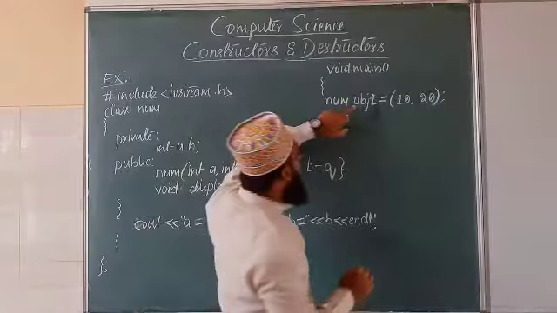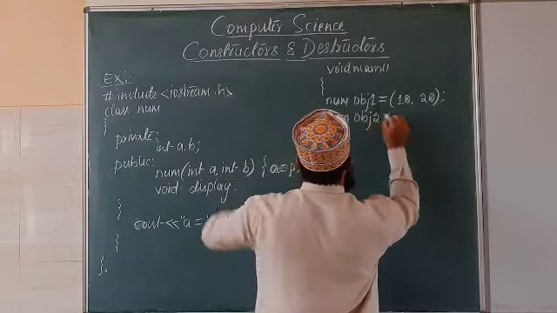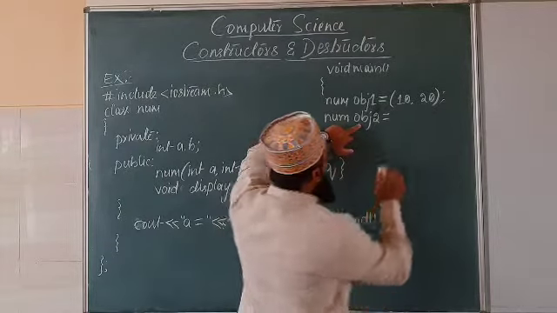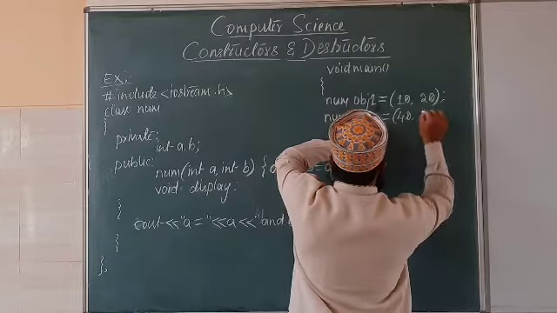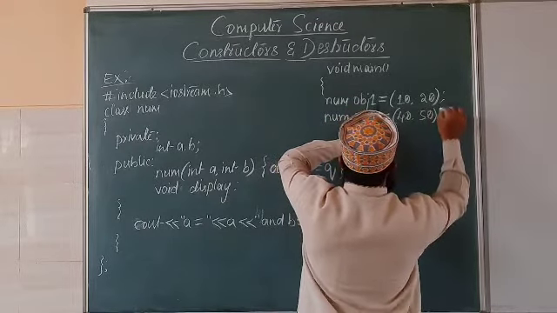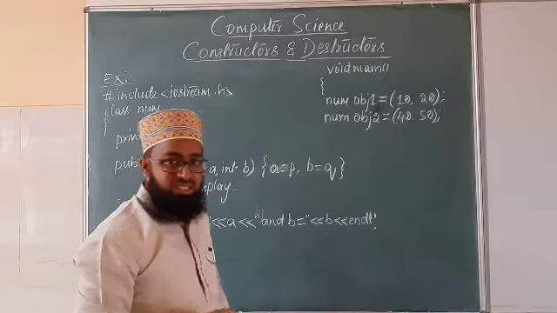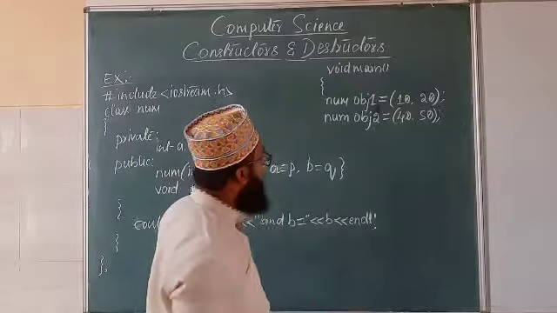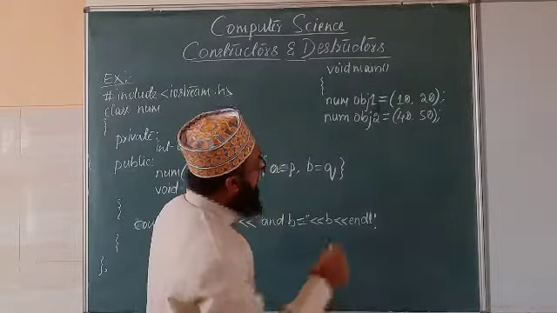Object name, then this is the constructor, then the assignment operator, then the second set of values, that is the argument list enclosed in parenthesis. Then after that, give the output statements.